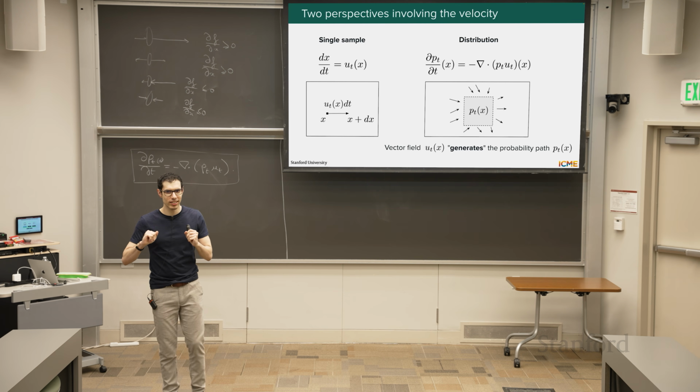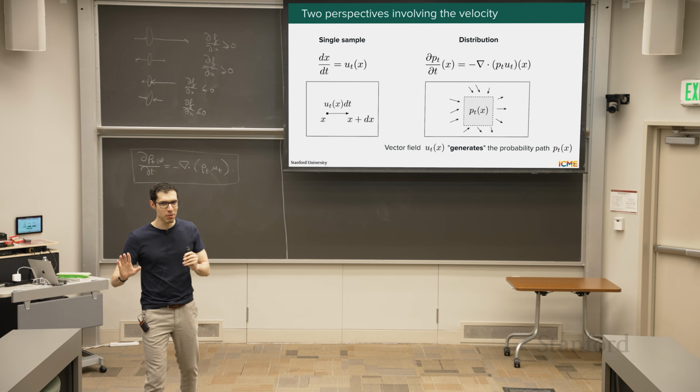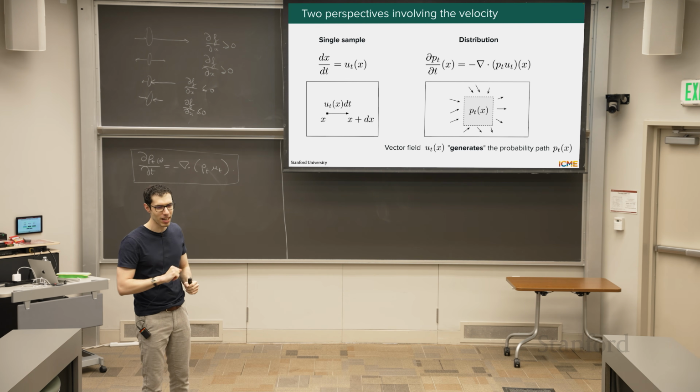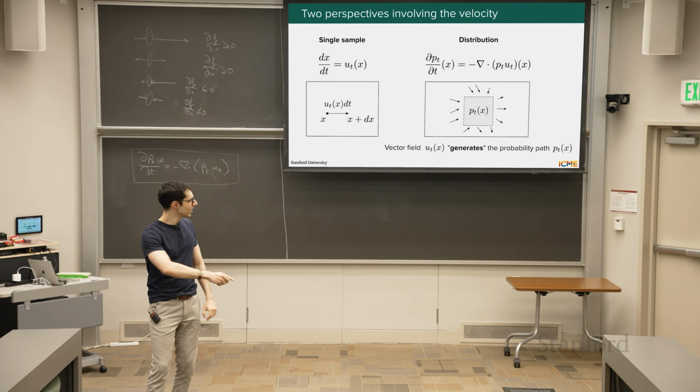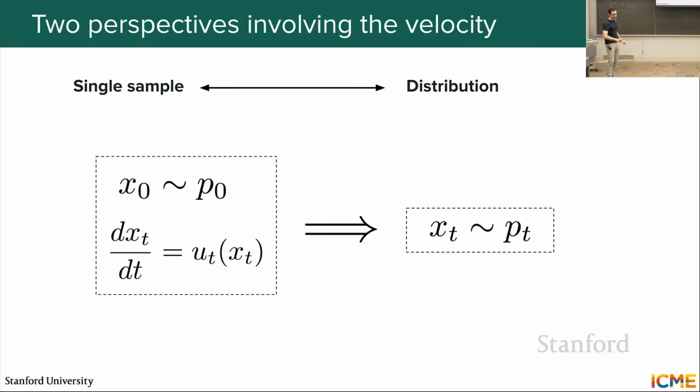I know it was a lot. I know it may not seem clear, but don't worry, we have a lot of examples down the line. So let's move on. Oh, this is exactly my next slide, actually. So here what we're saying is the relationship between these two perspectives, I'm going to just repeat what I said, but in mathematical terms.